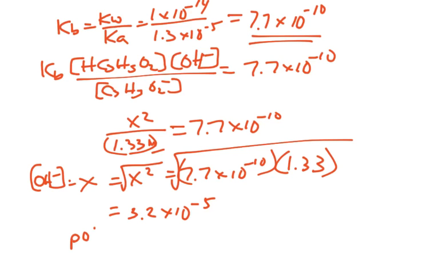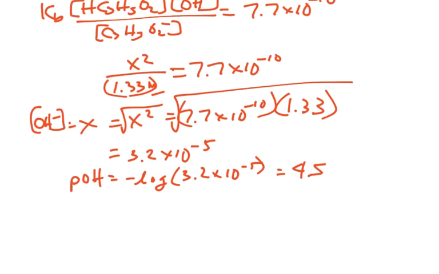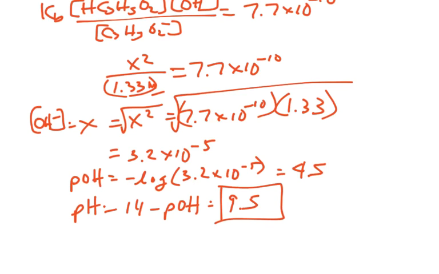So therefore my pOH is equal to the negative log of 3.2 times 10 to the negative 5, which is 4.495, so I'm going to say 4.5. And my pH is equal to 14 minus my pOH, which I can see will be 9.5. And that's my answer for this.